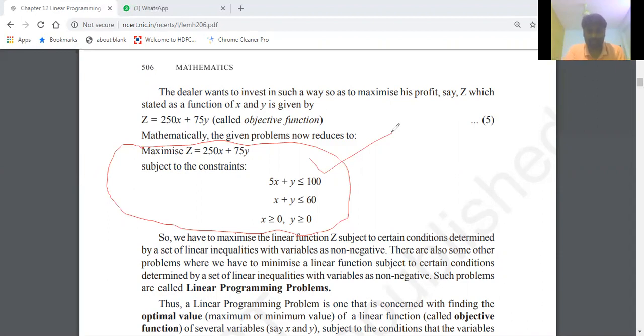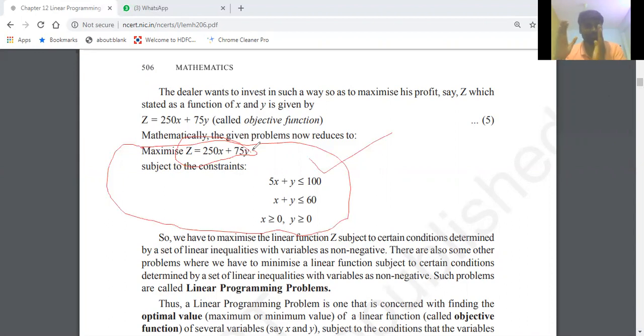So how can we write? Maximize some function. What is that function called? Objective function. Remember, whatever function we are going to maximize or minimize, that is called the objective function. This is very important. Generally only the objective function will be maximized or minimized. Subject to constraints. What are constraints? Constraints mean limitations.